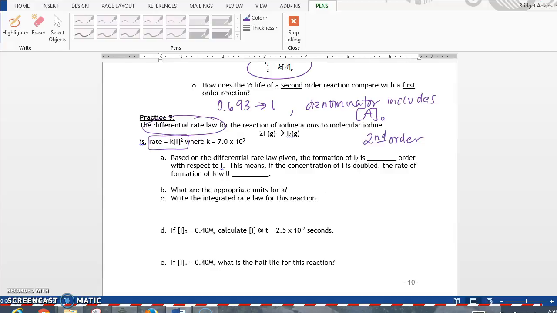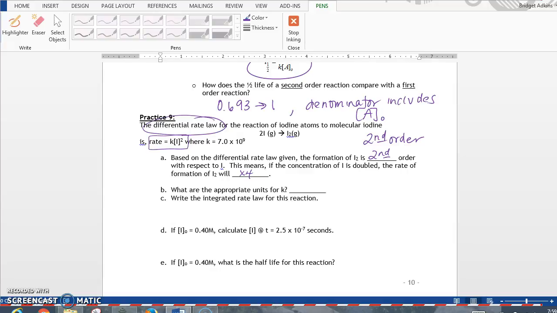Part A says, based on the differential rate law given, the formation of I2 is second order with respect to I. This means if the concentration of I is doubled, the rate of formation of I2 would go up by a factor of 4, or quadruple.